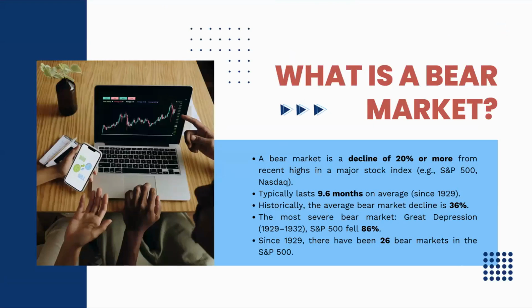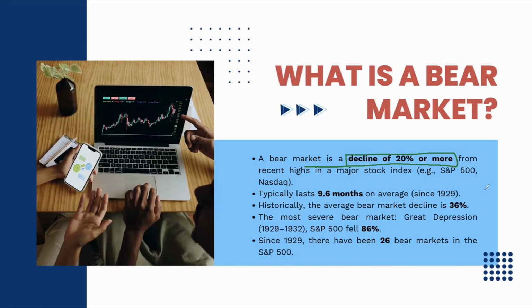So you've probably heard the term bear market. Basically, the terms bullish, bearish, I'll assume that everybody in here tonight knows that. A bull market goes up, right? And typically the market is in a bull market the majority of the time. But every so often, you're going to have what is known as a bear market. If we look at the traditional definition of a bear market, it's a decline of 20% or more from all-time highs.